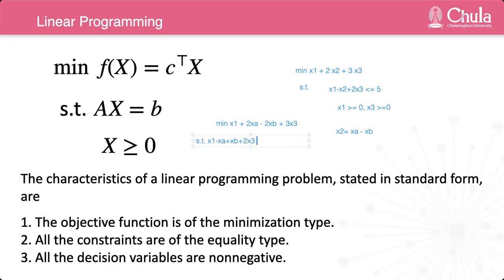Okay, and we add one slack variable, s1. It becomes 5. Then this is the standard form, and x1, xa, xb, x3, and s1 must be non-negative.